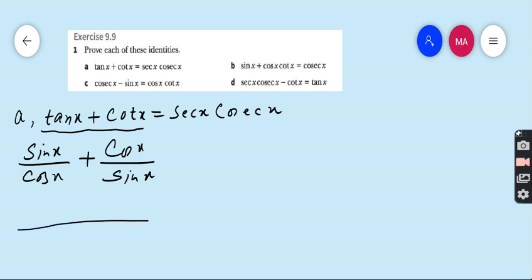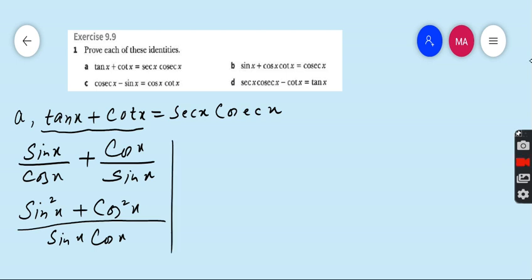If we take the LCM of sin x and cos x, cos cancels to cos, sin into sin is sin square x, plus sin cancels to sin, cos into cos is cos square x. And you know sin square x plus cos square x is 1. So 1 upon sin x into cos x.